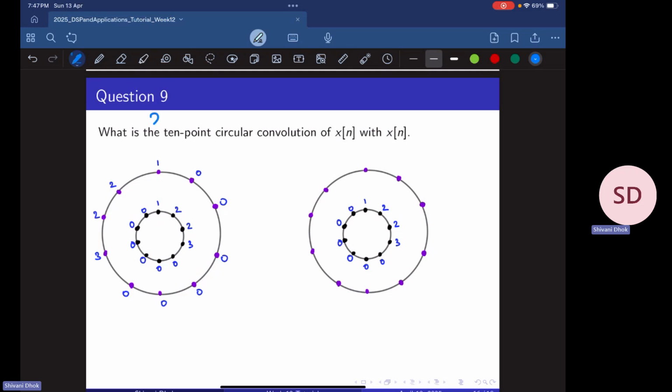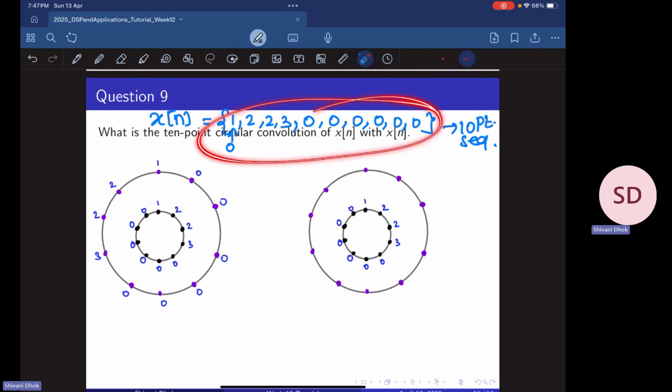So for that, we can append: we had 1, 2, 2, 3 like this, so we had these 4 values. Now to make this 4-point sequence 10-point, we can append 6 zeros like this. So this is the 10-point sequence, and now we need to find the circular convolution of this with itself.